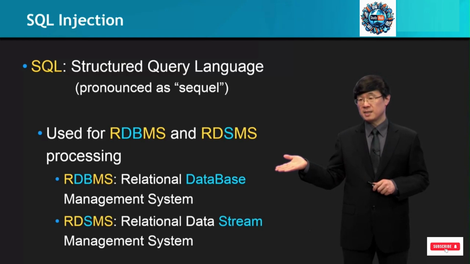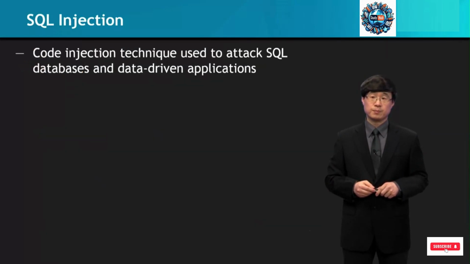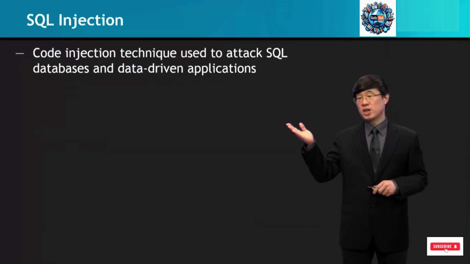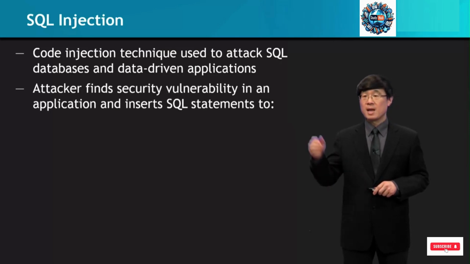Now, RDBMS is Relational Database Management System, and RDSMS stands for Relational Data Stream Management System. These are database technologies. Now, SQL injection is a code injection technique used to attack SQL databases and data-driven applications.